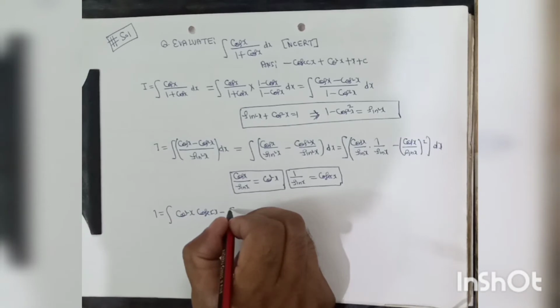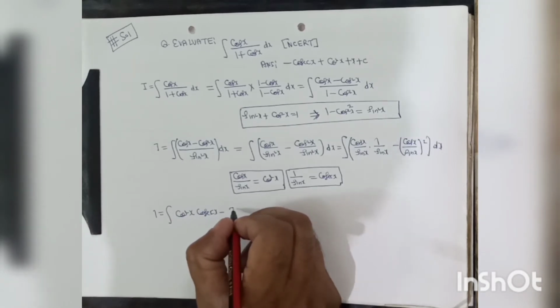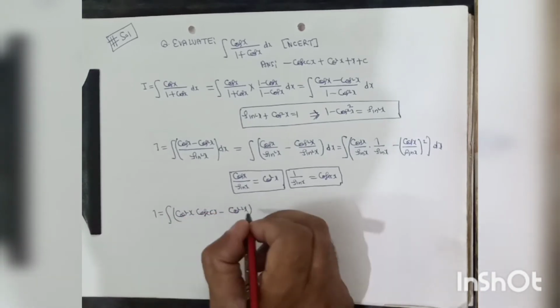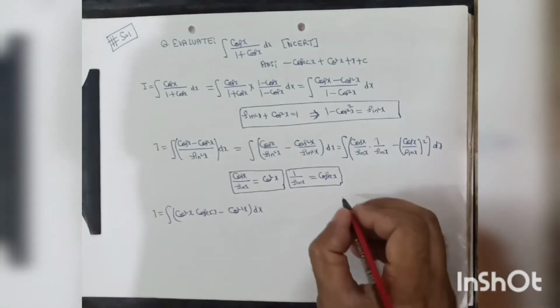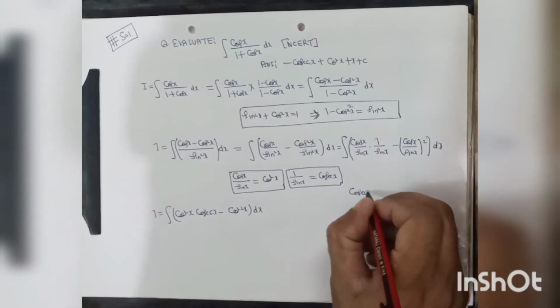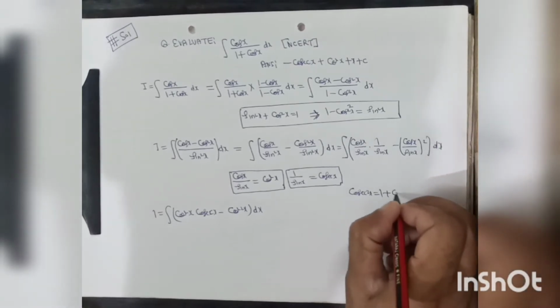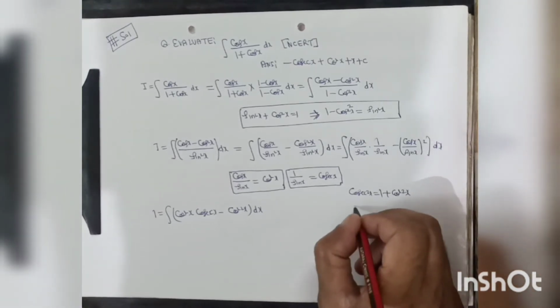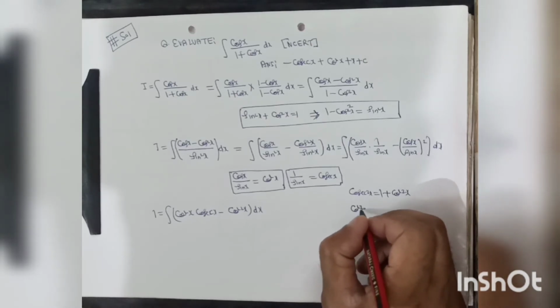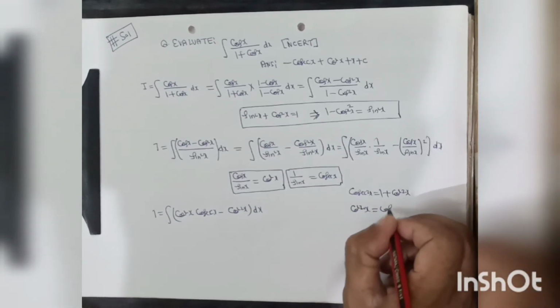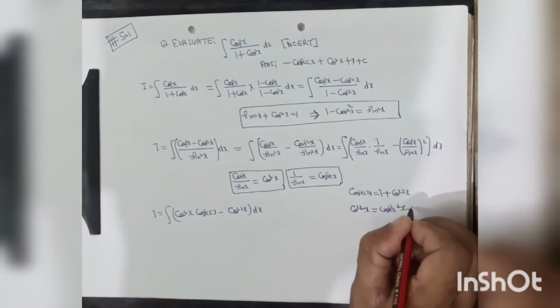minus cot square x dx. Now we know cosec square x is equal to 1 plus cot square x. So cot square x may be written as cosec square x minus 1.